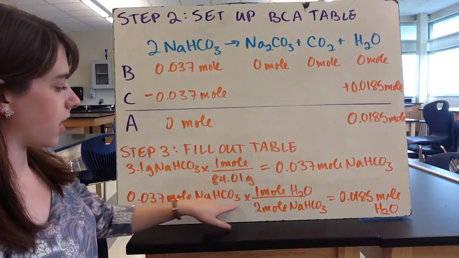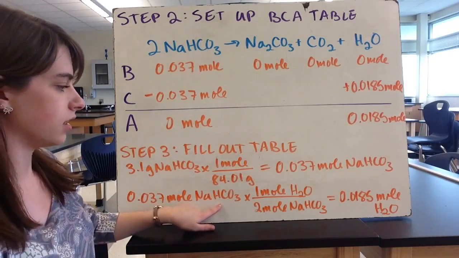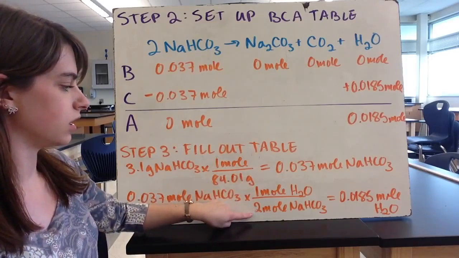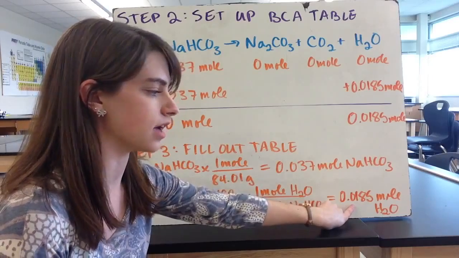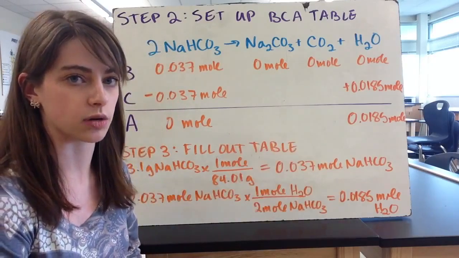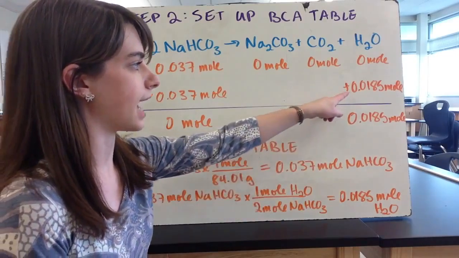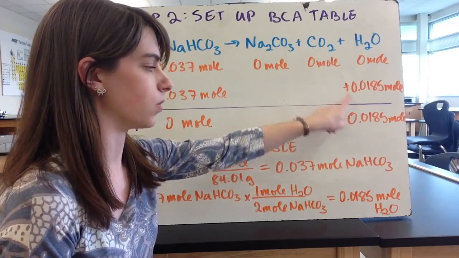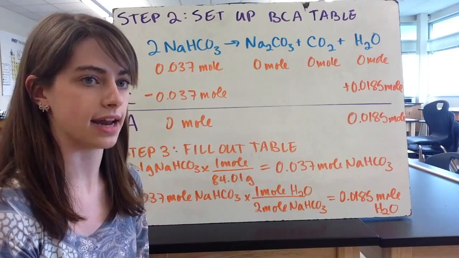So if we set up our problem down here, we have 0.037 moles of sodium bicarbonate. The ratio of water to sodium bicarbonate is 1 to 2. So we know that we're going to have 0.0185 moles of water. We're going to have half as much water produced as we had sodium bicarbonate consumed. So we're going to end up with 0.0185 moles of water at the end.